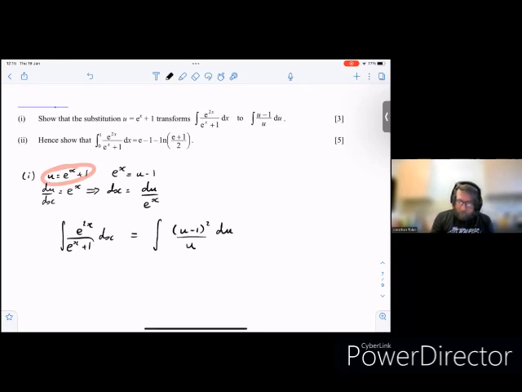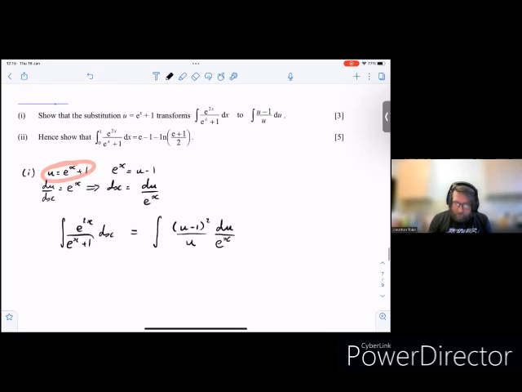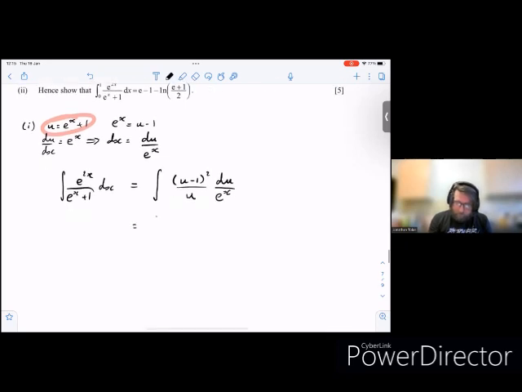Now that e to the x we need to substitute as well. So this will become u minus 1 squared over u du over, and e to the x is u minus 1. Now, we've got a u minus 1 on the bottom, we've got a u minus 1 on the top, so they cancel.